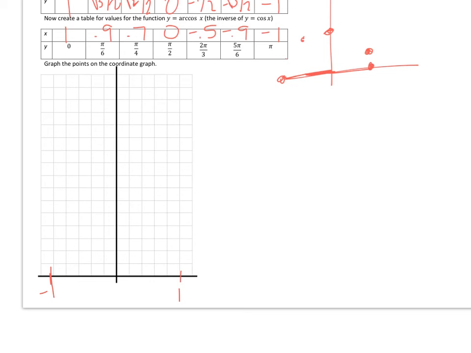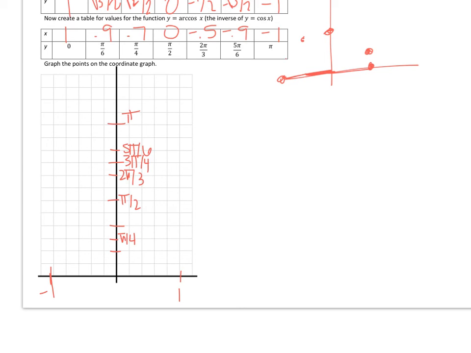I'm going to count by 12ths again on my y-axis, which means there's pi over 6, pi over 4, pi over 3, pi over 2, 2 pi over 3, 3 pi over 4, and 5 pi over 6, with pi up here.